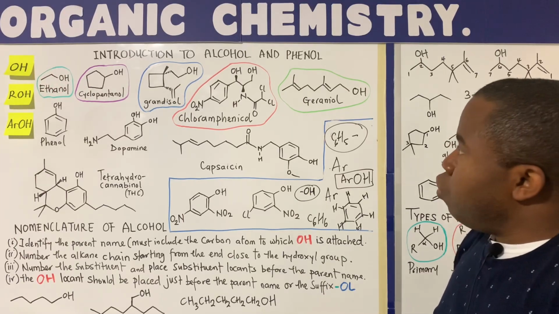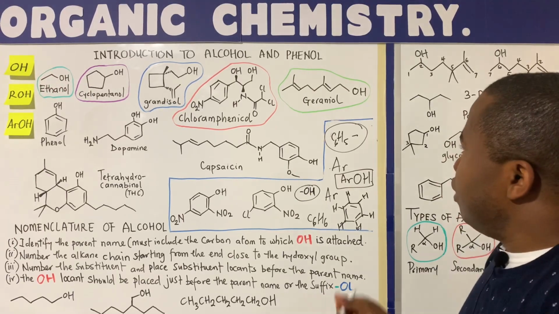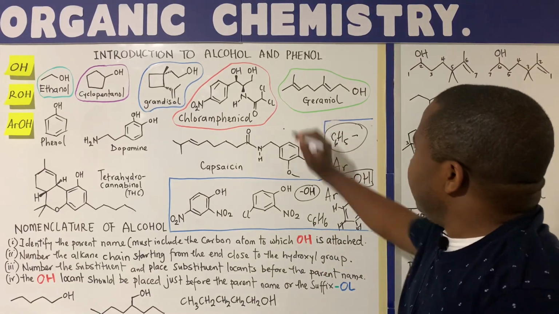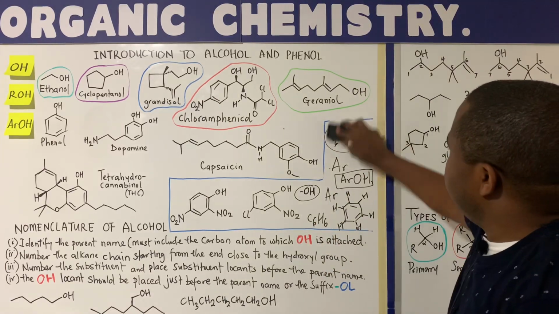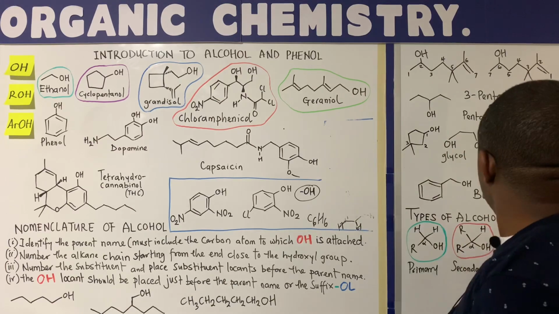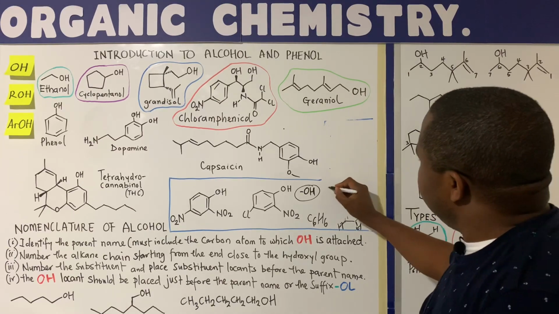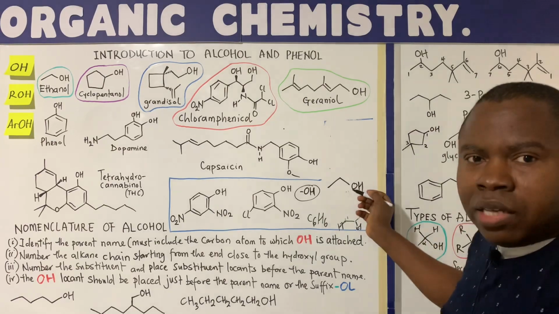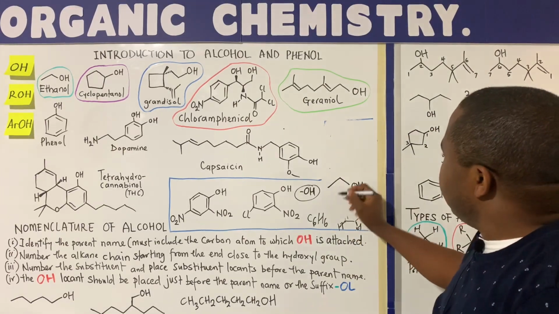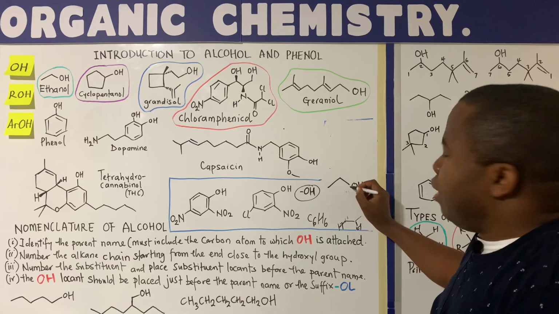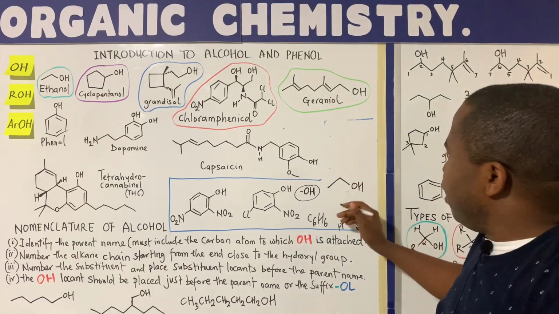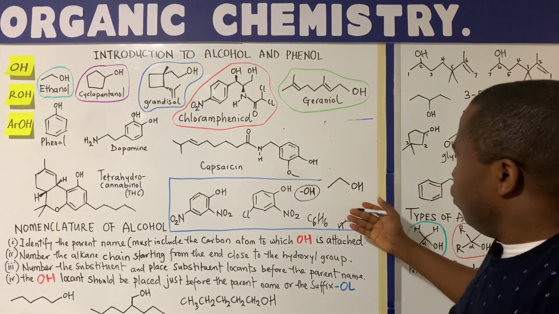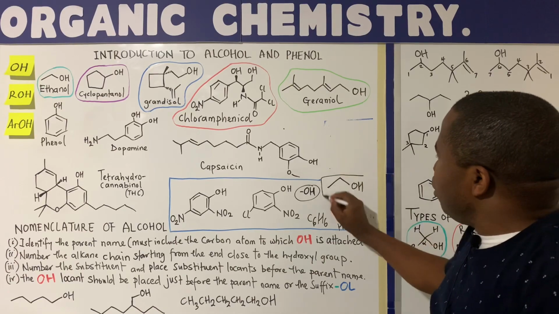Also, just so we are on the same page, when you see something like this in organic chemistry, like I said, this is ethanol, and it's just in the skeletal form this way. So we can break it down so that we know what this is made up of.